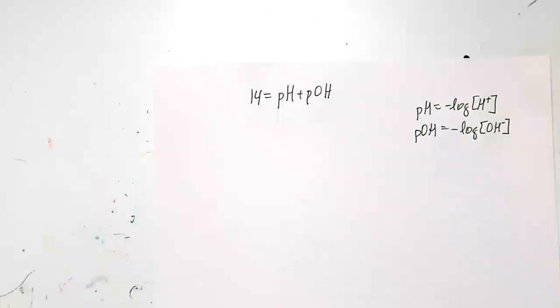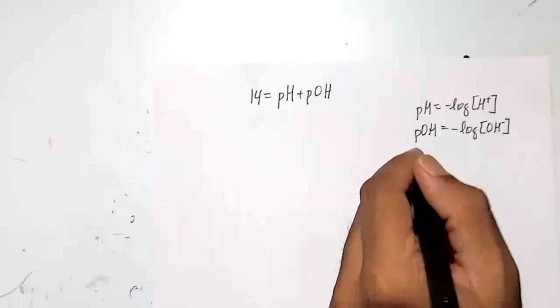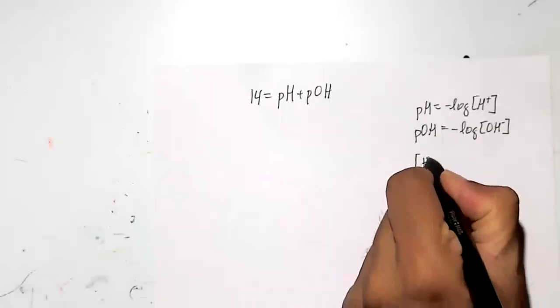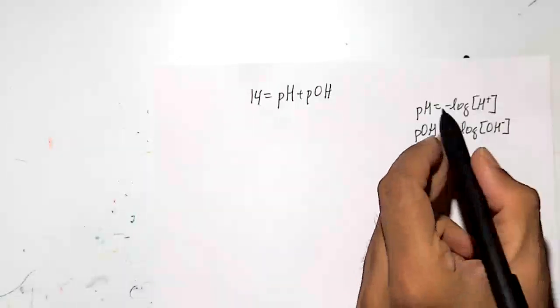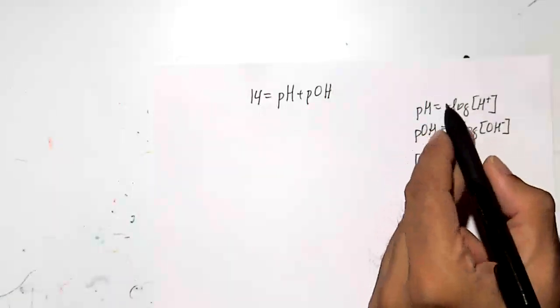A couple of things I'd like for you to know. You may have to go back and forth between these two. pH is minus the log of the H plus hydrogen ion concentration. If you want to go back and get the H plus concentration, you take the anti-log.